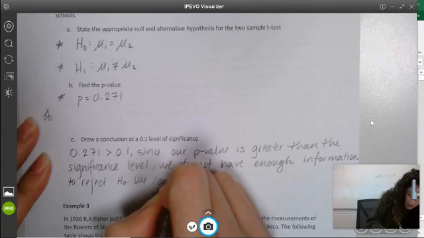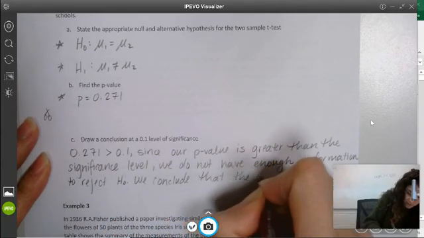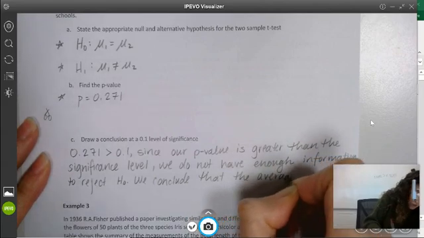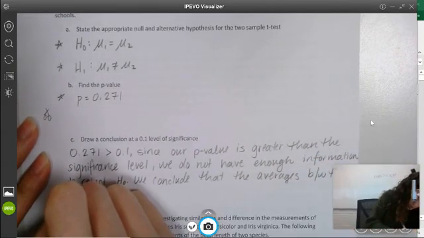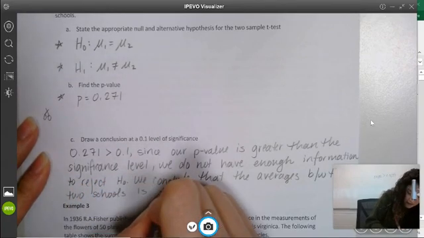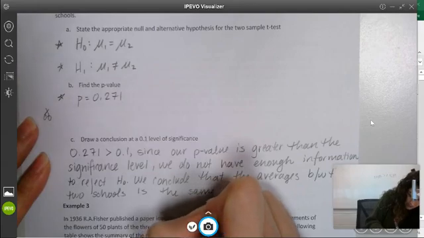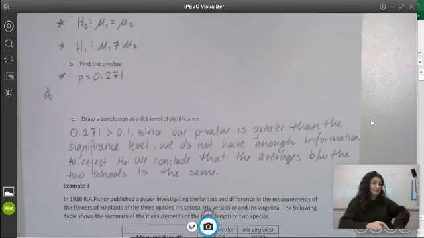We conclude that the averages are the same. Maybe we can say the averages between the two schools is the same. Ta-da! Okay.